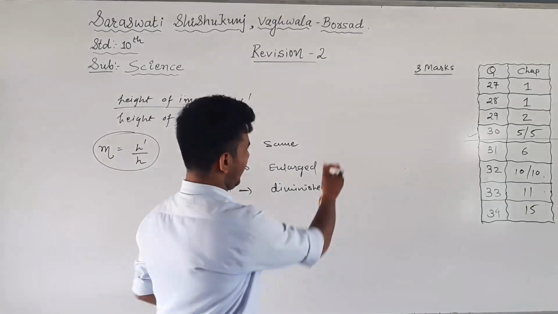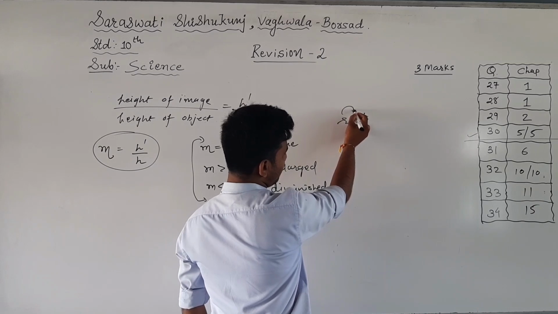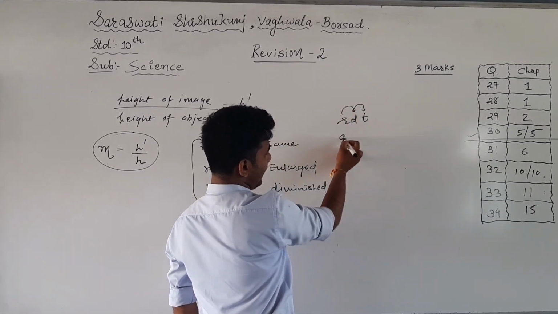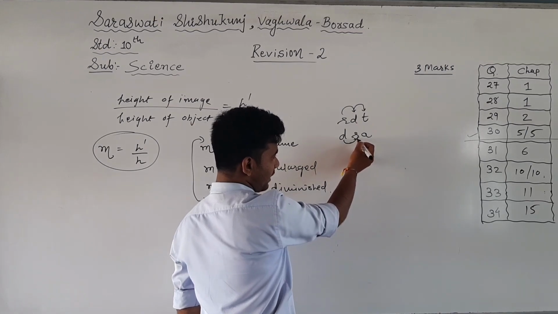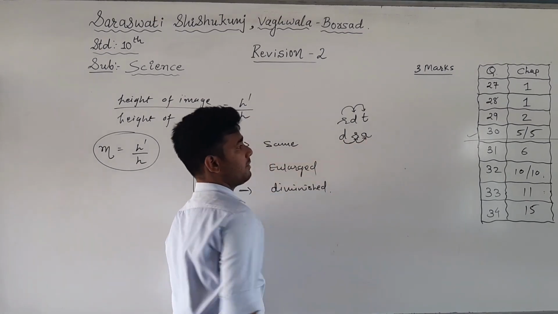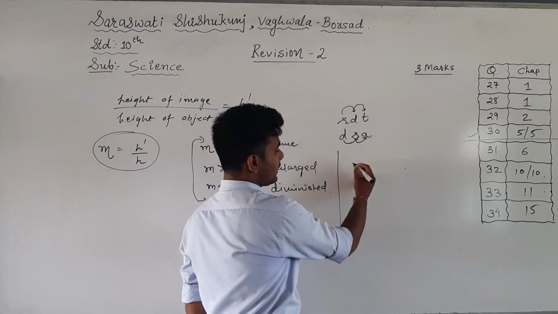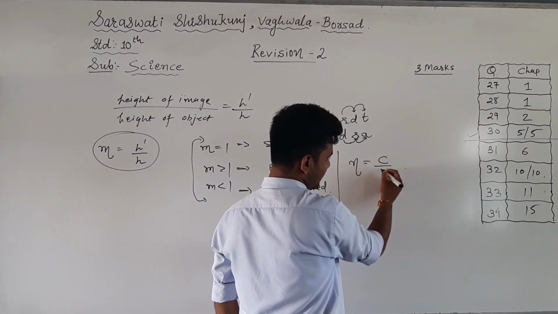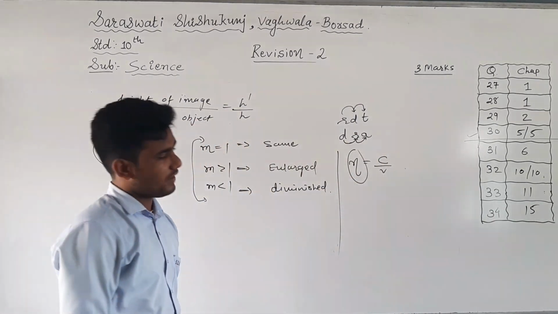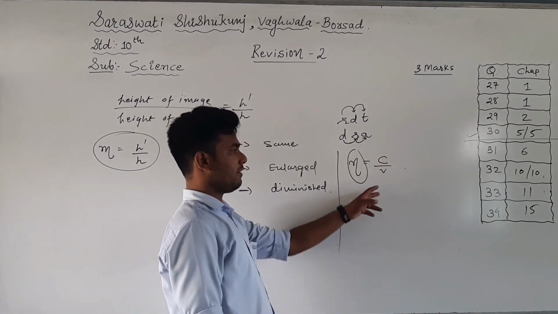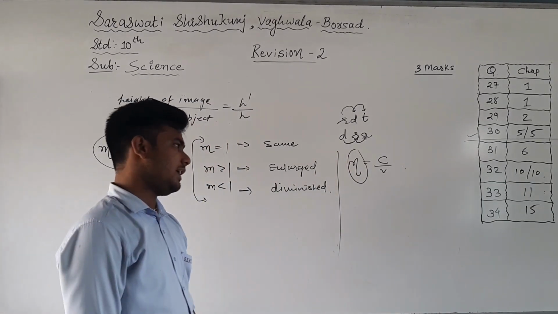RDT: when it moves from rarer medium to denser medium, it will move towards the normal, and DRA: when light moves from denser medium to rarer medium, it will move away from the normal. This concept is also clear in our mind. We can also think about eta. Eta is equal to c upon v. This is our refractive index, right? So refractive index is the ratio of the speed of light in vacuum to the speed of light in any medium.